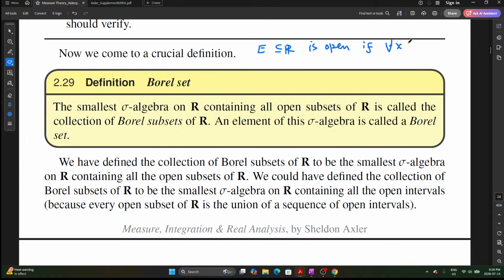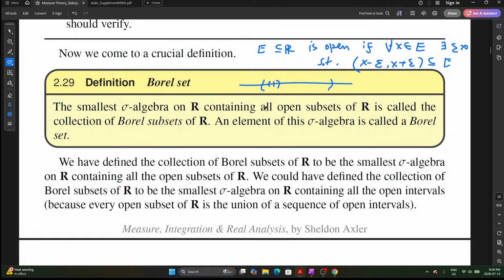That is, for every x in E there exists an epsilon greater than 0 such that (x minus epsilon, x plus epsilon) is contained in E. So the idea is every point in an open set has some wiggle room. You cannot move x by a little amount and immediately fall out of the set. Every point in an open set is interior, meaning every point has a little bit of wiggle room. So these are the open sets.